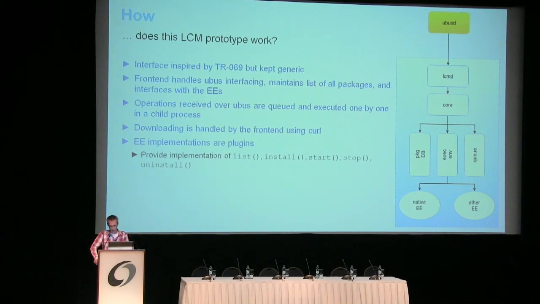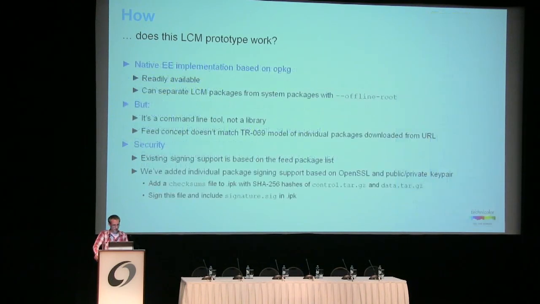So it's a plug-in architecture, like I said. So we started with a native EE as a kind of a proof that it can work. A native EE, of course, based on OPKG, because that's what we have on OpenWrt. So let's use this as a starting point. It's there.